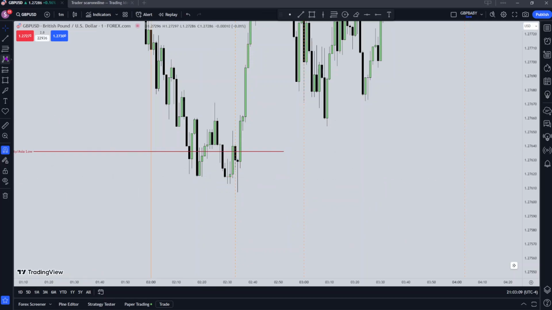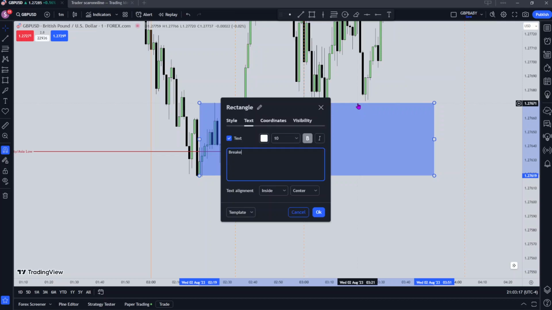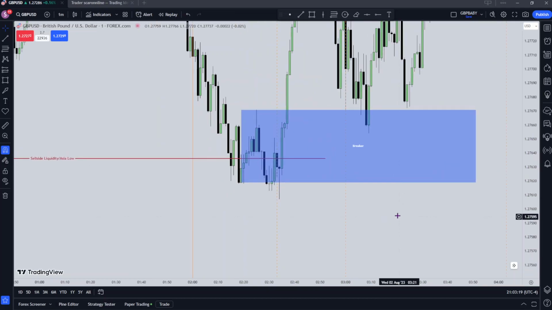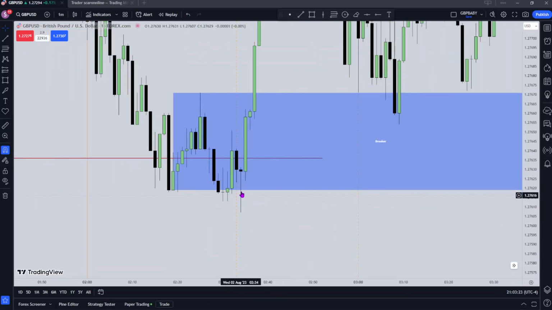So we can look at this as a breaker, and then we can anticipate price to trade back to it, which it does. So let's just write out breaker. But here's the thing. Low, high, low, low, break.